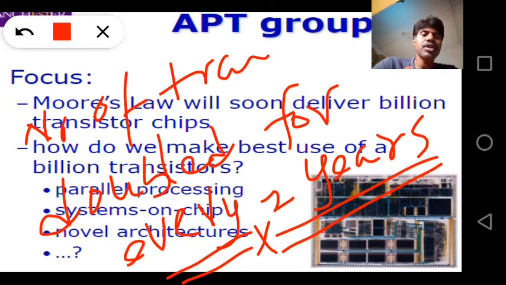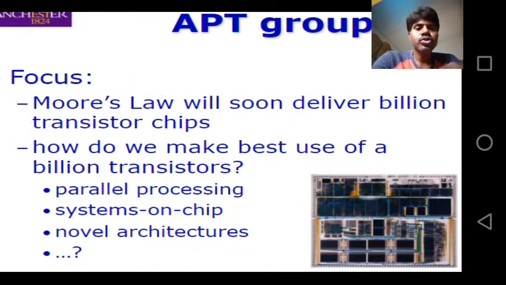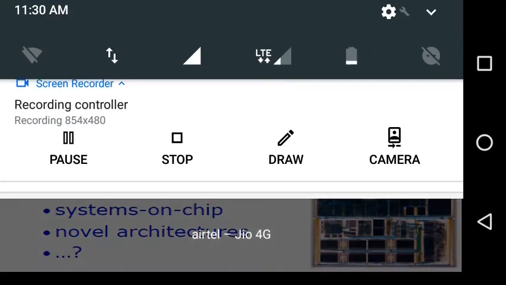This is called Moore's law, but it is not an indefinite law. That means it is not implemented for years together. Definitely there are certain limitations to this. Even Moore proposed this. So Moore's law will soon deliver billion transistor chips. How do we make best use of these billion transistors? This is the major goal.